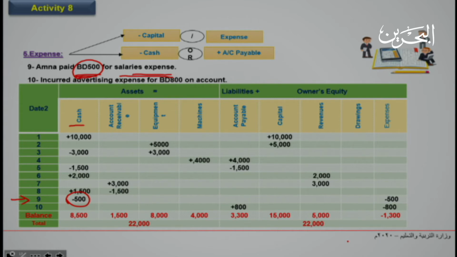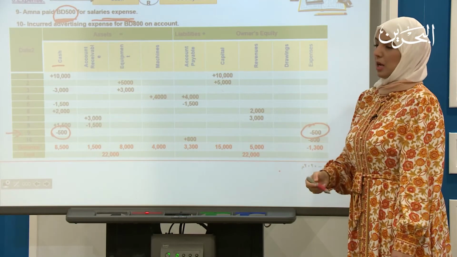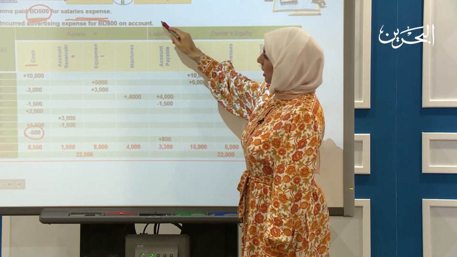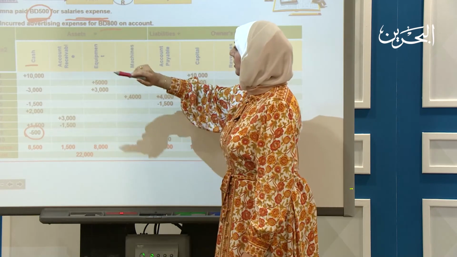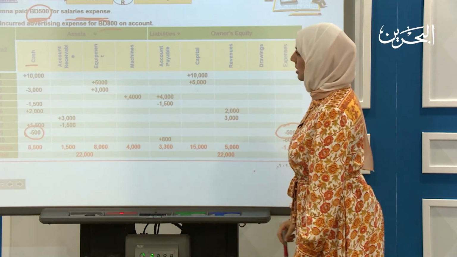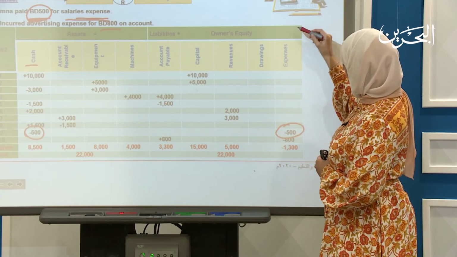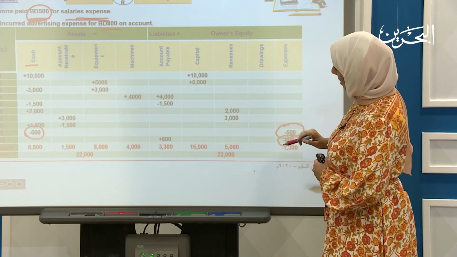I will shift to the owner equity section under the expense and I will decrease it by 500 because I paid this expense. Then, incurred advertising expense for 800 on account. If I incurred this expense, coming to the expense section, I will decrease it by 800.